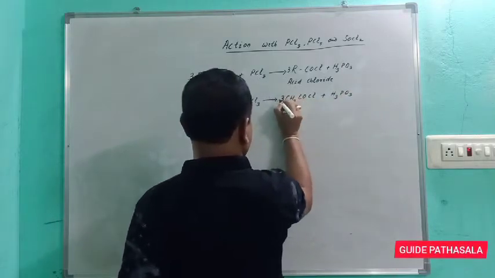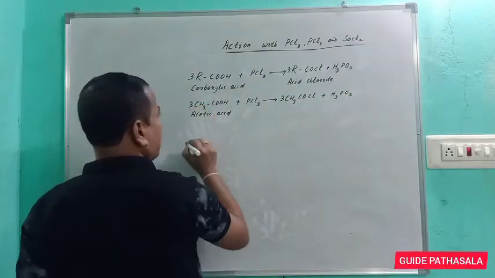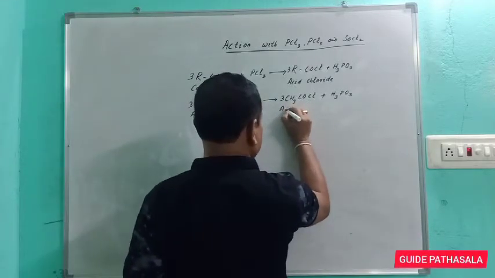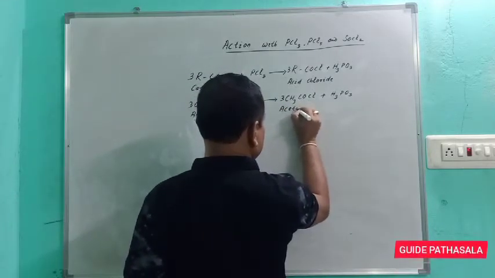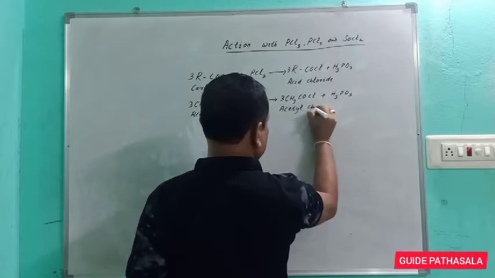In order to balance it, you have to multiply by 3 here and here. So it is your acetyl chloride.